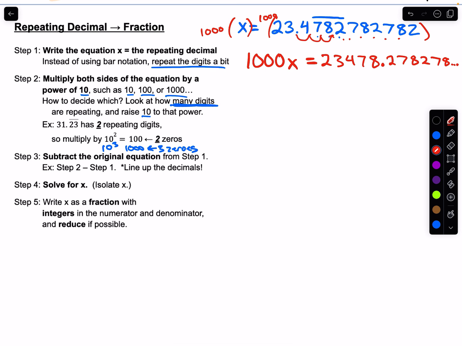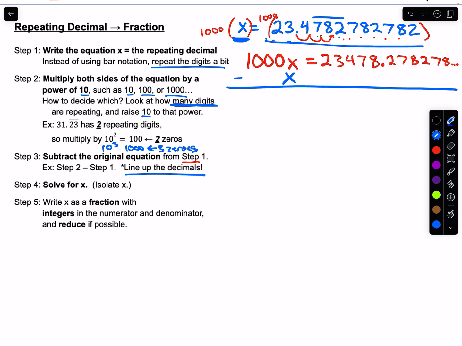Step 3 says subtract the original equation from step 1. That's what's written in blue there, so I'll use blue again, from what I just got in step 2. So step 2, that's red minus blue, and I'm going to make sure to line up the decimals. So on the left-hand side, I have x here, so I'm just going to subtract x from the left-hand side here. But on the right-hand side, I have all this stuff here, and I'm going to go ahead and subtract that from the right.